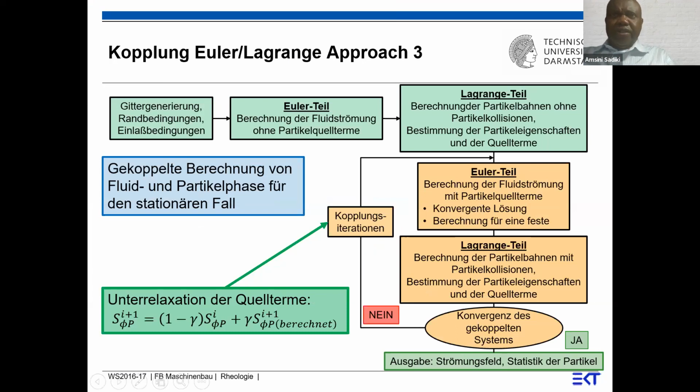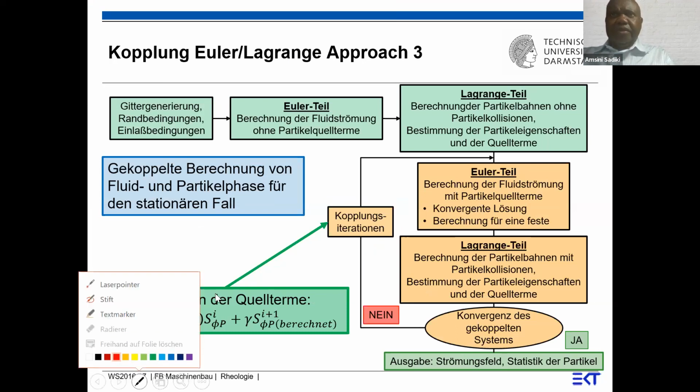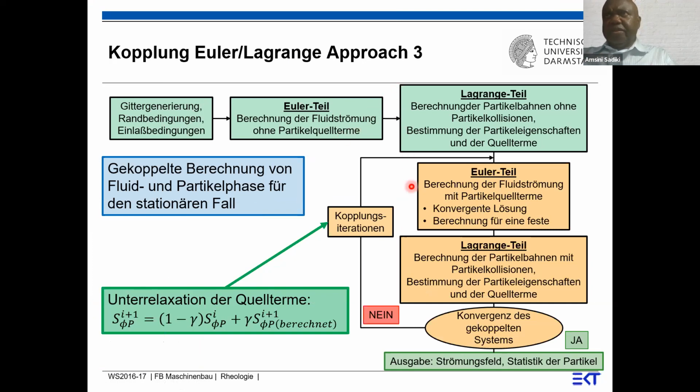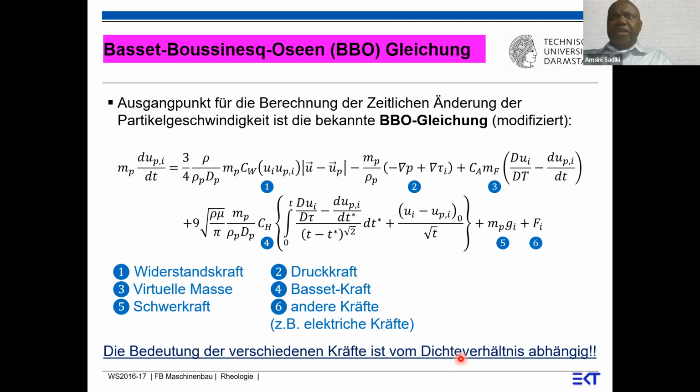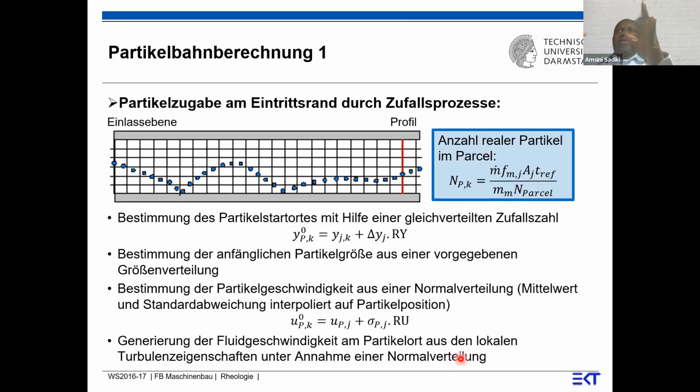What I have shown you yesterday was this part here, in which we have to calculate first the Eulerian part and then put in the Lagrangian in order to have the source terms, and then we carry out the Eulerian part and then the Lagrangian, and if necessary, we do this loop and we use some under-relaxation to get the outcome, so the convergence. So the idea was to track the particle in this Lagrangian way.